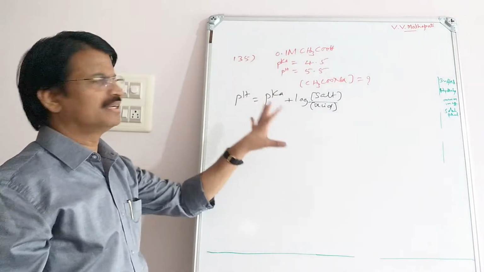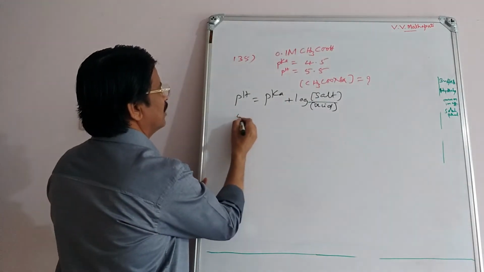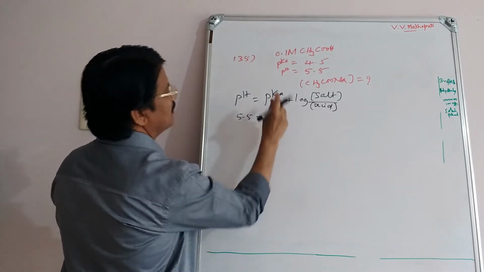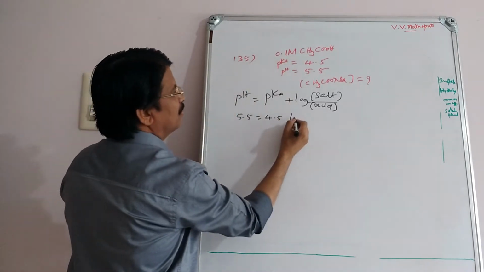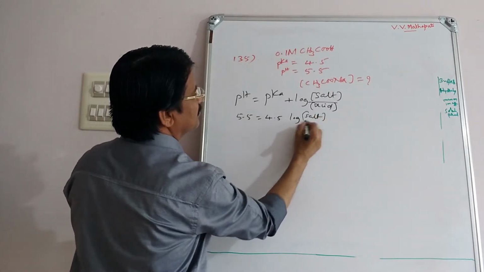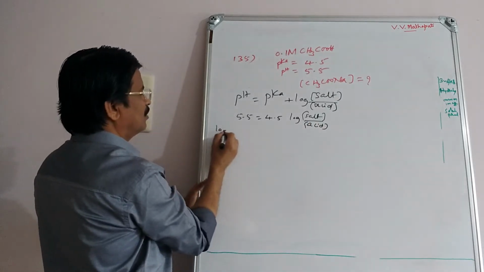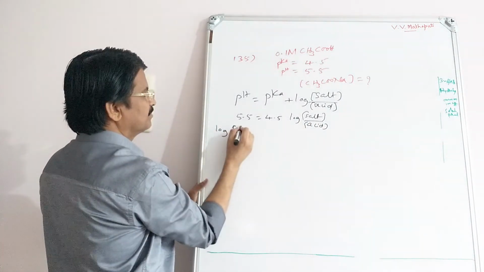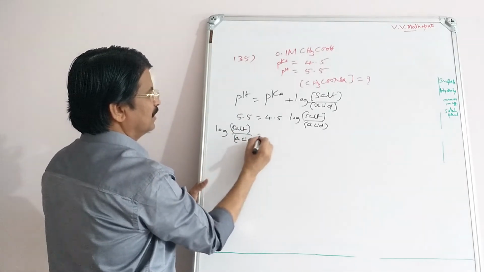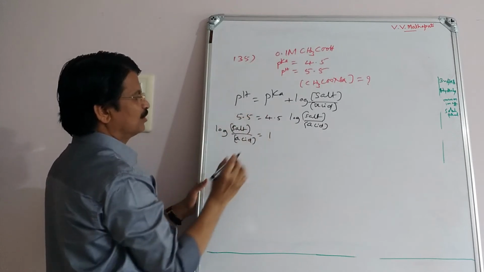All the values are given, and simplify. pH 5.5 equal to pKa 4.5, these are given in the question, plus log salt by acid. So log salt by acid equal to 1, since 5.5 minus 4.5 equal to 1.